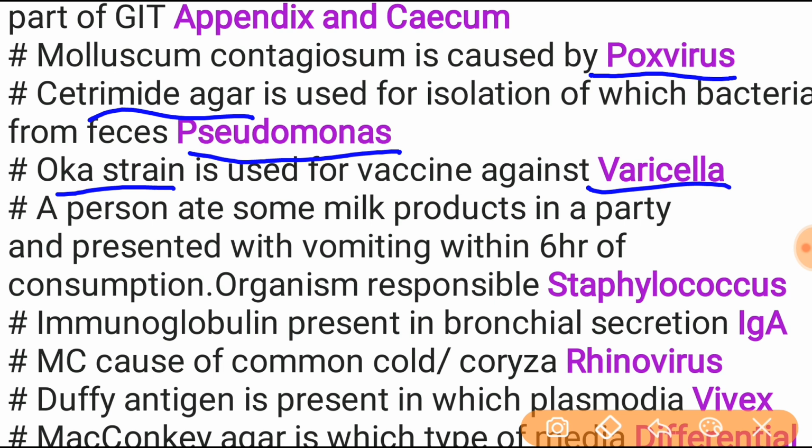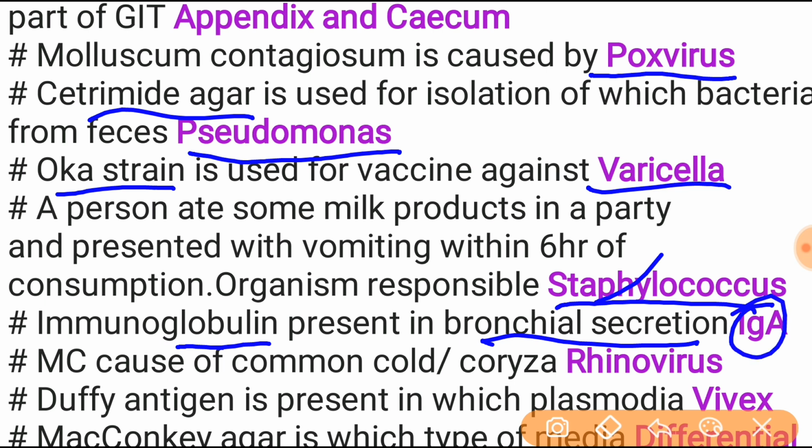A person ate some milk product in a party and presented with vomiting within 6 hours of consumption. Organism responsible is Staphylococcus. If 6 hours is given, most commonly it will be Staphylococcus. Immunoglobulin present in the bronchial secretion, that means all the secretions, will be IgA.